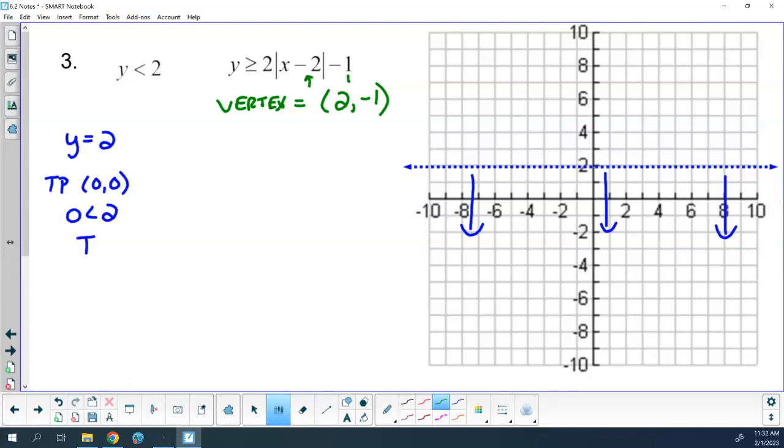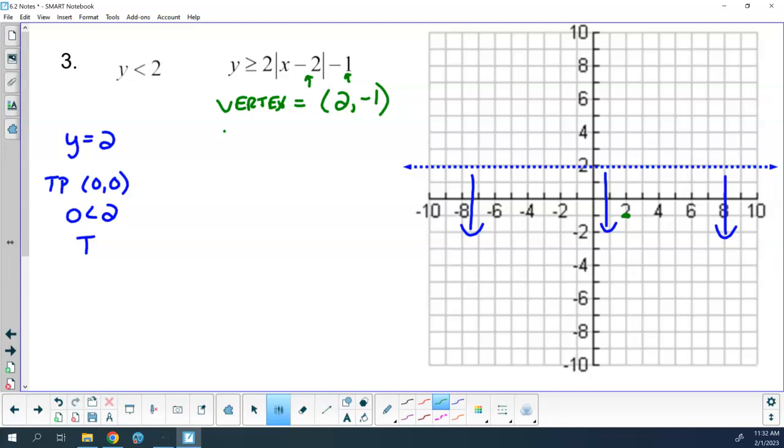I think straight up with the Y value. Okay? So I go through the point 2, comma, -1. That is going to be the bottom point of our V. If we don't remember all of these steps, we can always use a T-chart to find it.